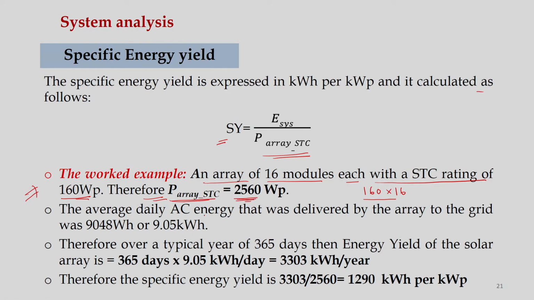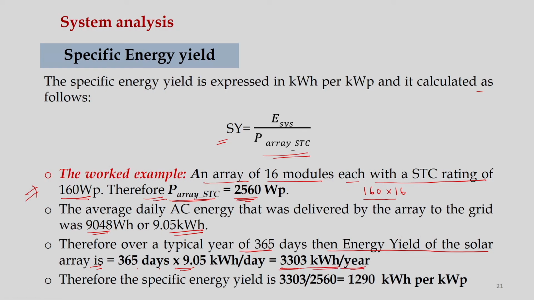The average daily AC energy delivered by the array to the grid was 9048 watt hour, that is 9.05 kilowatt hour. Over a typical year of 365 days, the energy yield of the solar array will be 365 multiplied by 9.05, so it will be 3303 kilowatt hour per year.